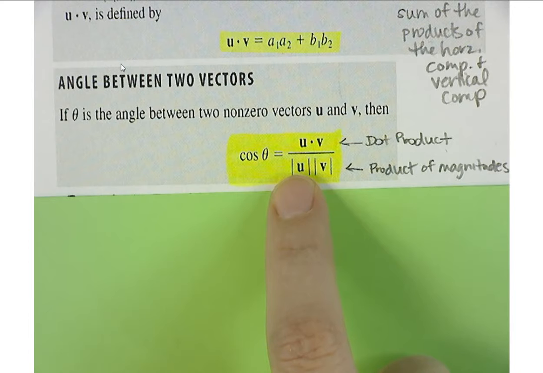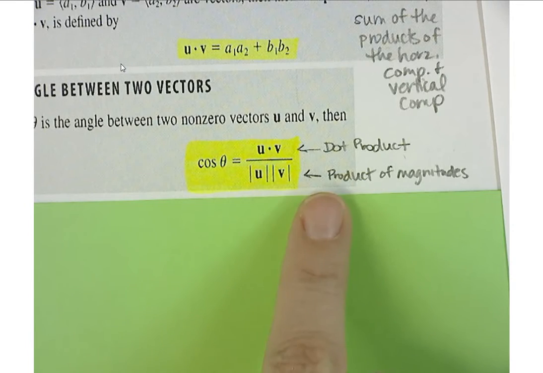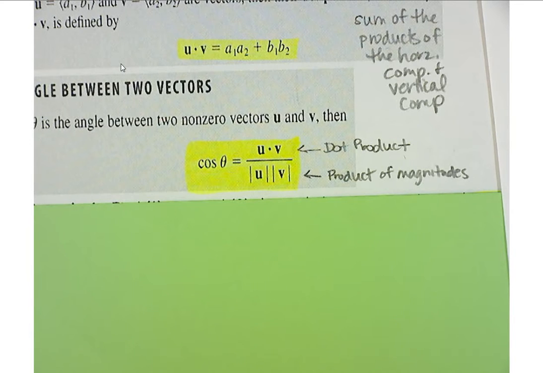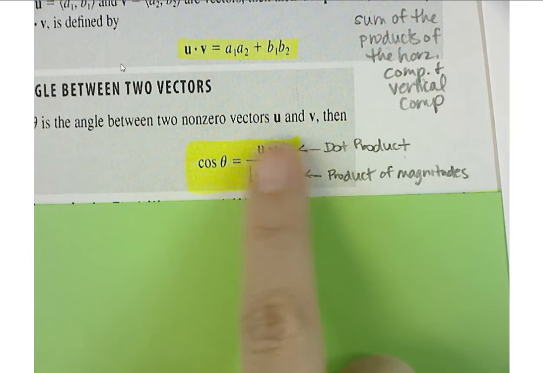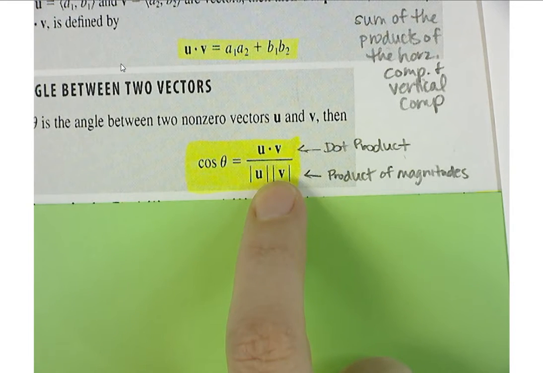If you see that symbol. The magnitude, okay? So then I put that as the product of the magnitudes. So when we're trying to solve this for theta, we're going to have to use the inverse cosine, okay? And then we're going to be doing the inverse cosine of the dot product divided by the product of the magnitudes of two vectors.